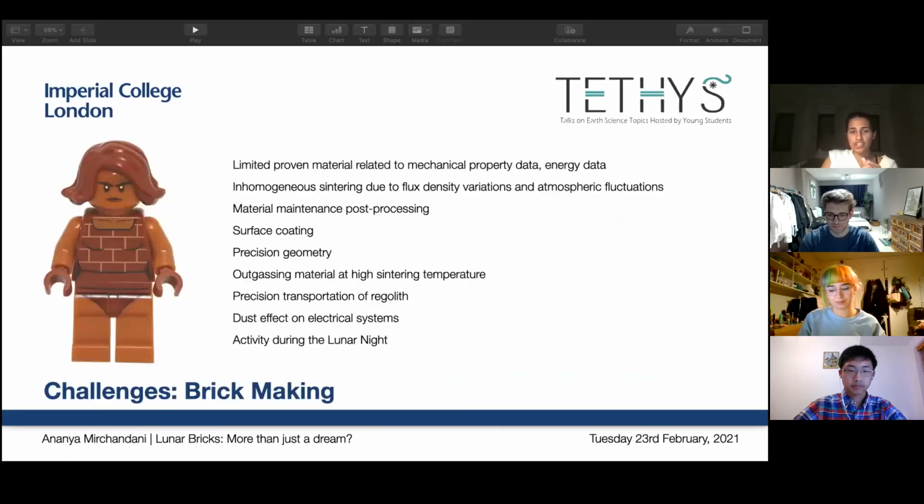Yet I did mention in this slide that surface coating is something that could protect us from how the ferromagnetic regolith actually responds to the external features. And there was also this interesting research paper I read.